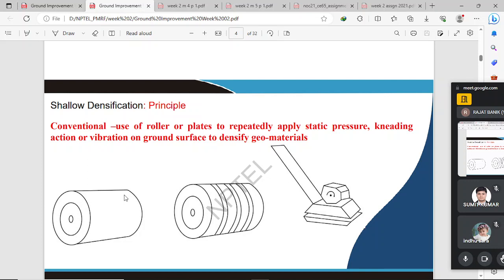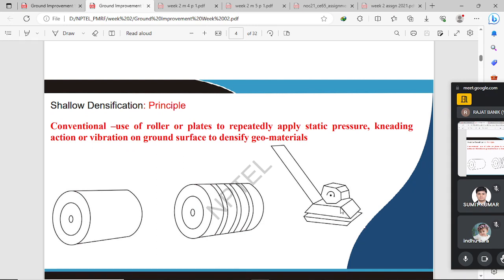The pneumatic roller has high-inflated pneumatic tires, which improve the ground. The pressure is more than that of the smooth wheel roller, and it improves the ground more than the smooth wheel roller.